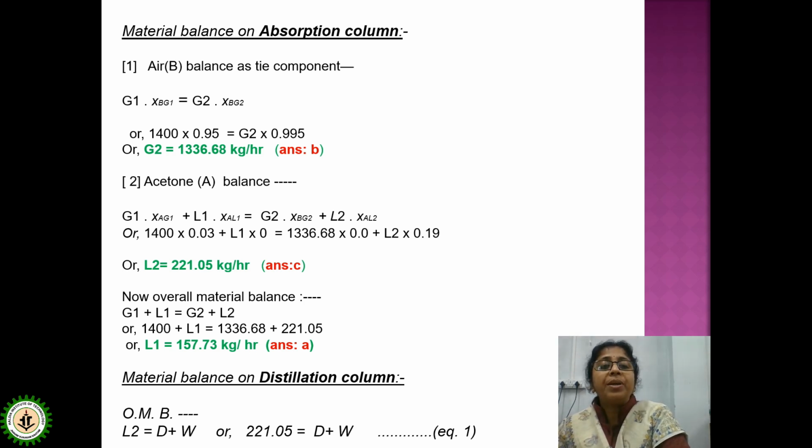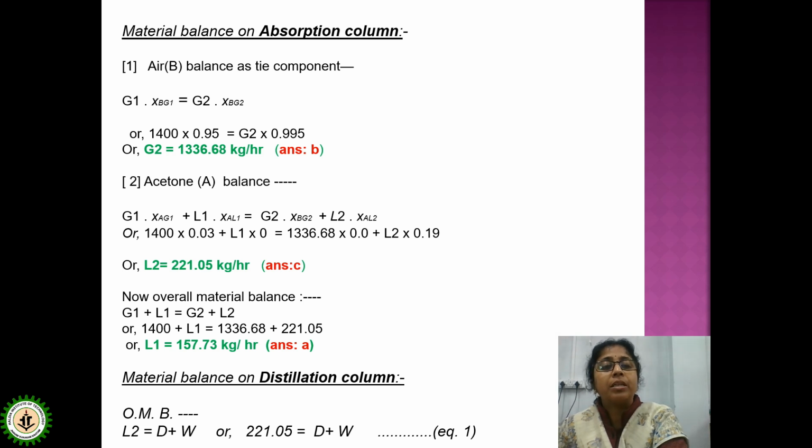So if we do the material balance for air on the absorption column, we will get one unknown parameter value. G1 into XbG1, this is the air balance as tie component on the absorption column: G1 into XbG1 equals G2 into XbG2. This is the general equation.